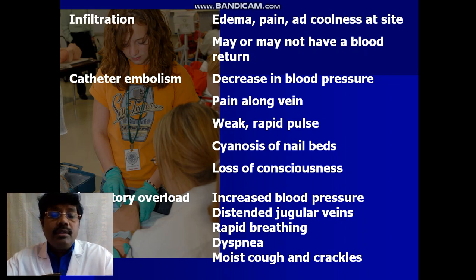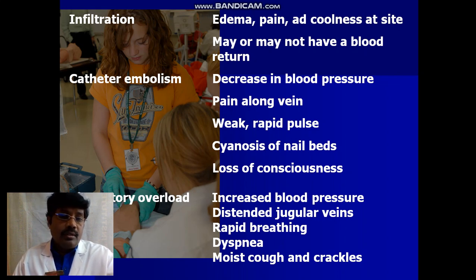That is called catheter embolism. It shows signs and symptoms of low blood pressure, pain along the vein, sometimes a weak and rapid pulse, cyanosis of nail beds, and loss of consciousness. If you see these symptoms with IV fluids, immediately stop the IV fluids and inform your doctor to take care of your patient further.